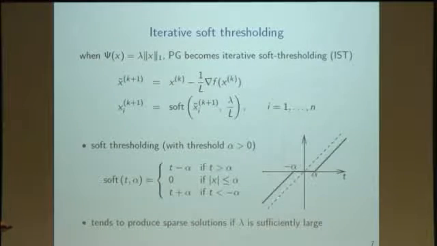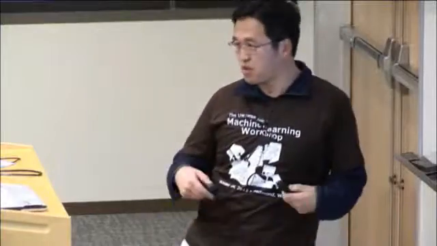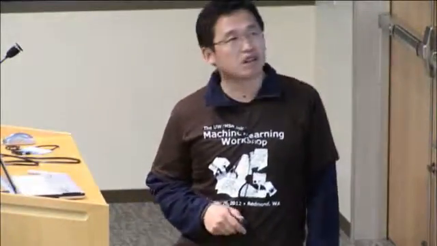Basically, you want to shrink the magnitude by alpha. If it's larger than alpha, you shrink it, but if it's less than alpha in magnitude, then you just set it to 0. So you can see that if lambda, or alpha, is big enough, you get a lot of zeros in your solution. That's why you produce a sparse solution. That's the intuition of this method, but it is not very important for this talk.